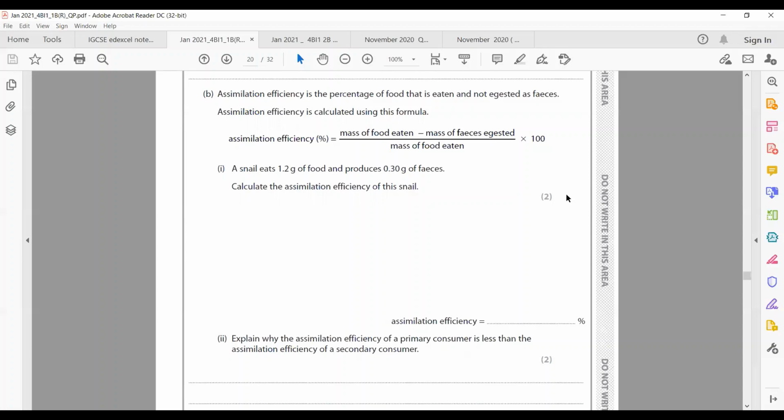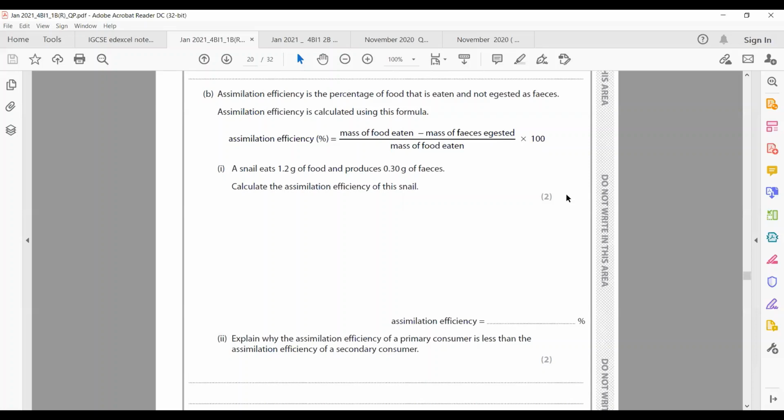No, on the contrary. Remember when I said there is loss of energy? Why? Because not all the plant is eaten, and also not all of it is digested, so there is more feces in the primary consumer than the secondary. So when there is more feces, the assimilation efficiency will be less.